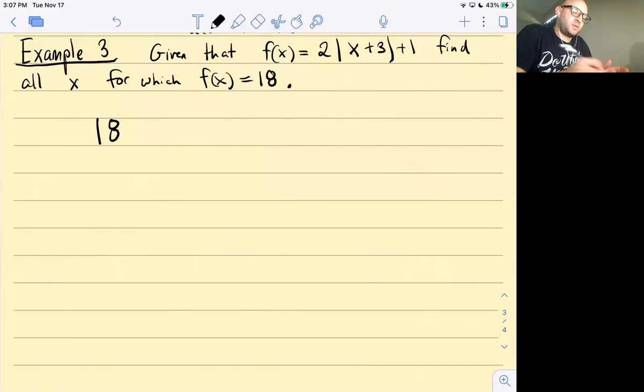So this is just a fancy way of saying, okay, find when that expression f of x is equal to 18. A lot of times in math, they like to ask the question this way. So given the function, for what value of x is the function equal to some value? And then all you do is just replace f of x with that specific value. Nicely done, Olivia, thank you. So it's like this. Okay, now what do we do from here?